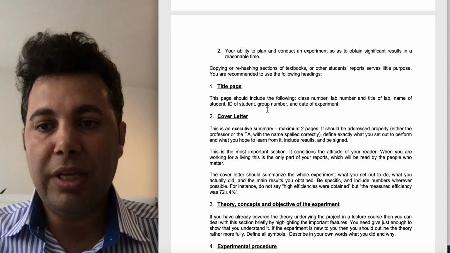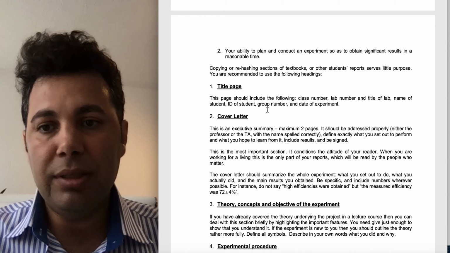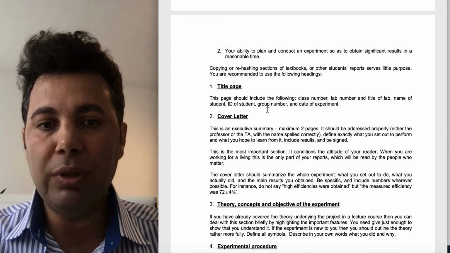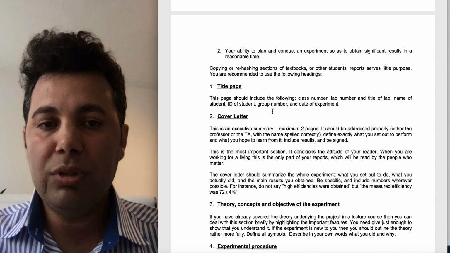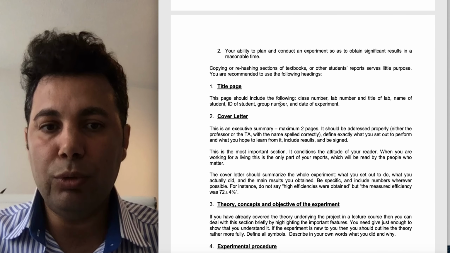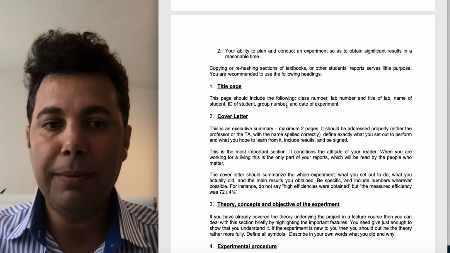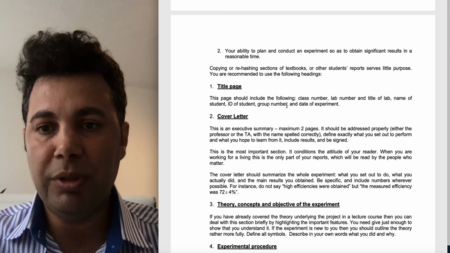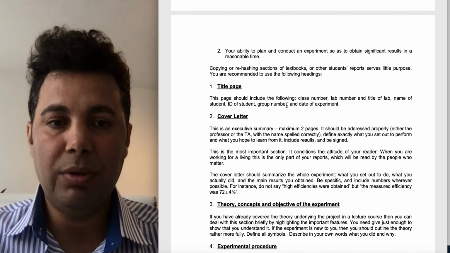For example, group 1 temperature is 75 degrees Fahrenheit, group 2 is 85 degrees. So if you are doing it at different temperatures, and those temperatures are associated with different group numbers, you need to mention those, okay? Because different people will do the experiment at different temperatures, okay?